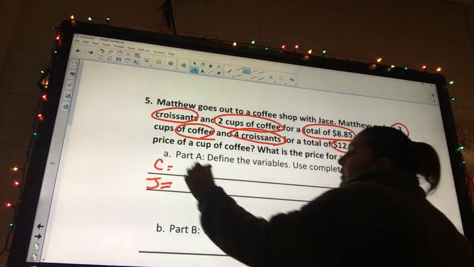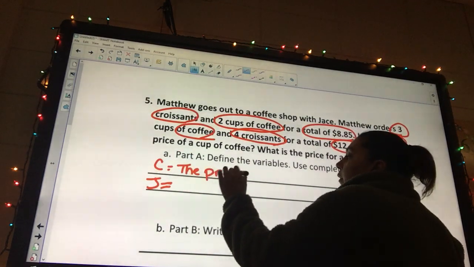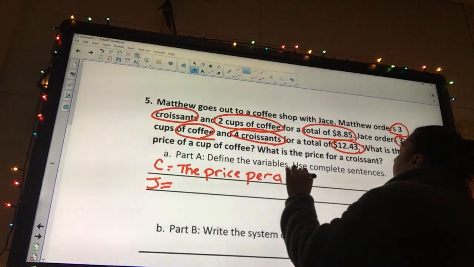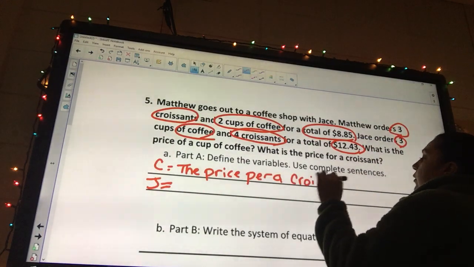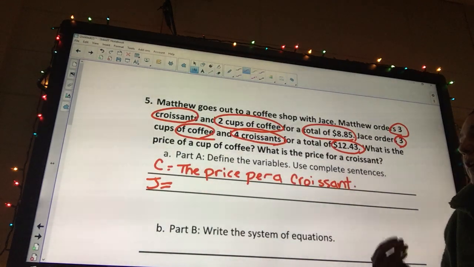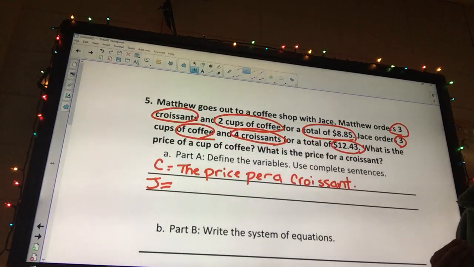So C is going to be the price per a croissant. Okay, it's very important to say per a croissant, because you can't say price for croissants. Croissants means more than one.